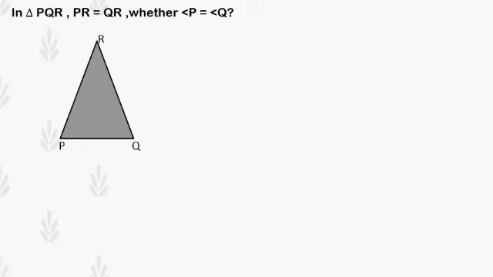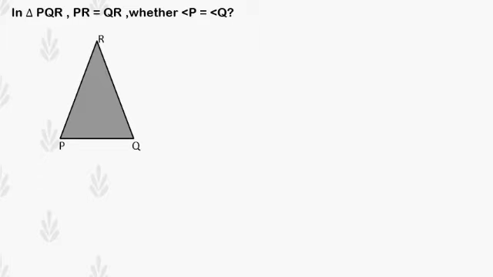Why are the angles equal? Let us see with one example. In triangle PQR, PR equals QR. Is angle P equal to angle Q? See this triangle? Here we know two of its sides are equal. That is PR equals QR.